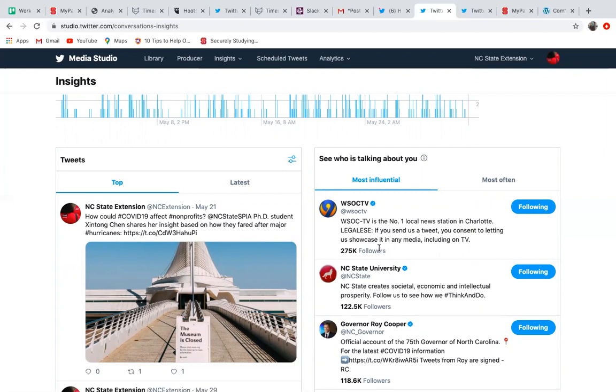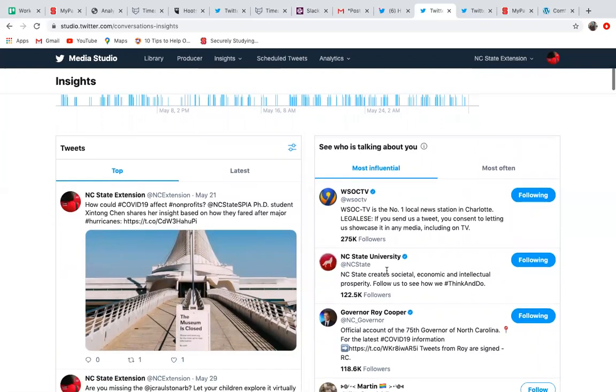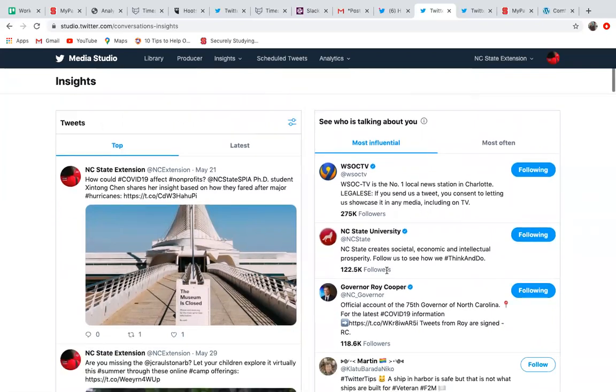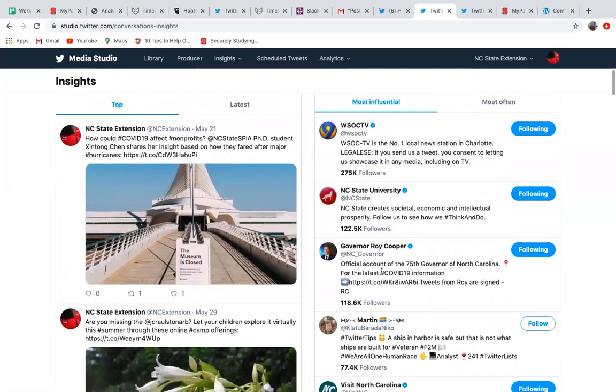So I can see, you know, we have a news TV station following us, NC State University. Obviously, they have a lot of followers, and it would make sense that they're talking about Extension. Governor Roy Cooper is on here because he tweeted about the Count on Me NC program that Extension is a partner on.